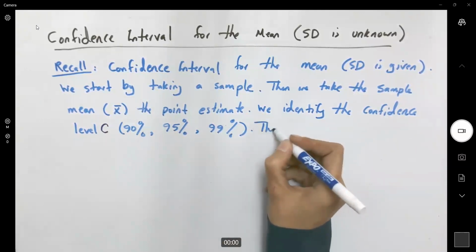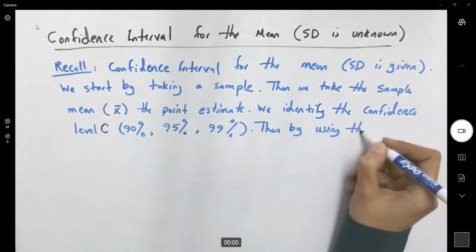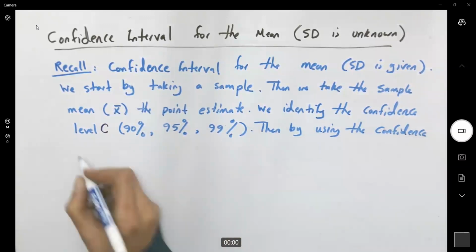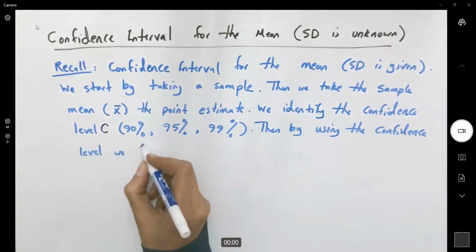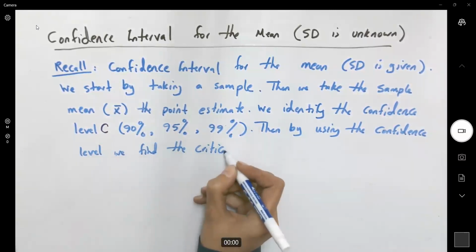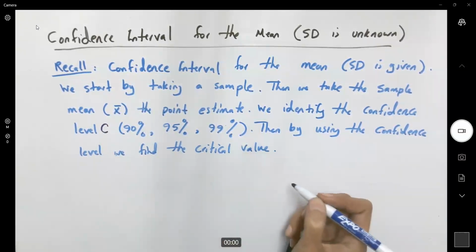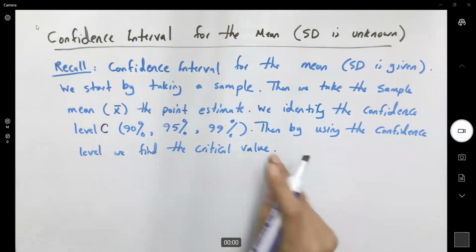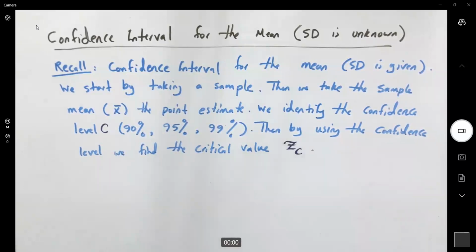So by using the confidence level C, we find the critical value. We denoted those critical values by Z sub C.